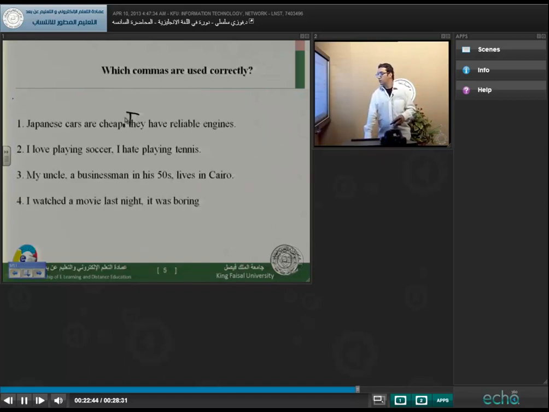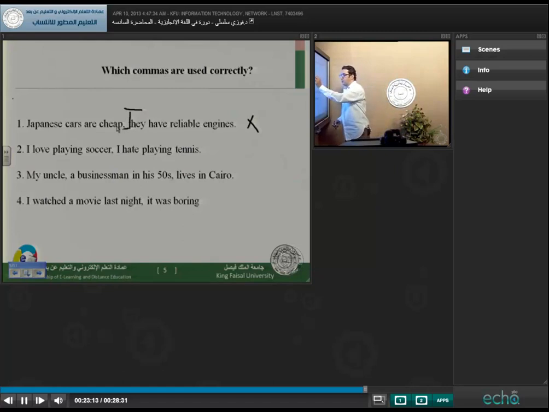If we go back to our first examples, the four sentences we gave, we noticed that the first one was wrong, right? And we solved it using a period. So this one is wrong. We solved it by putting a full stop here and a capital letter there.